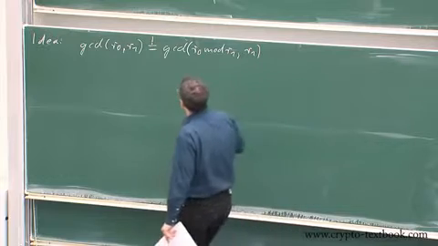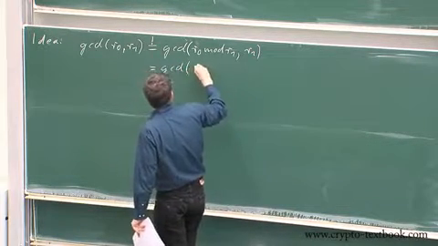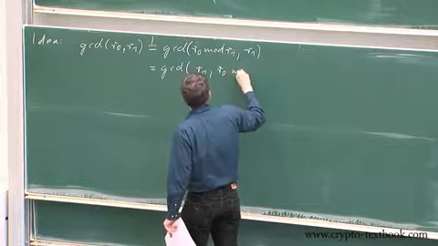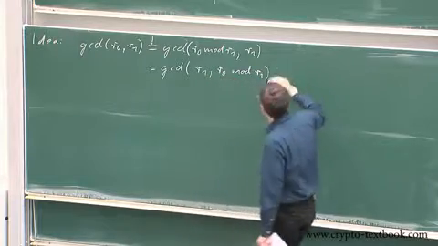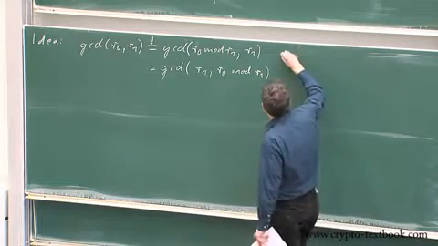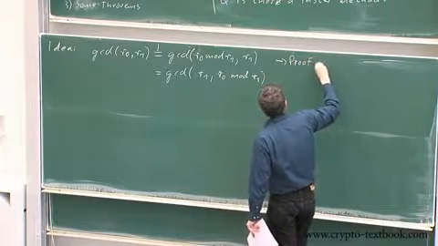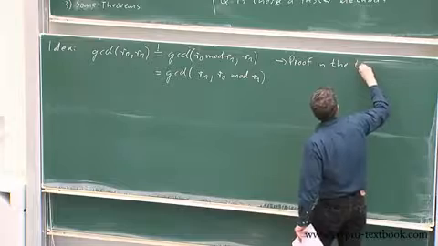Okay. And then what we usually write is you can swap the operands in the GCD. Okay. Proof is in the textbook.